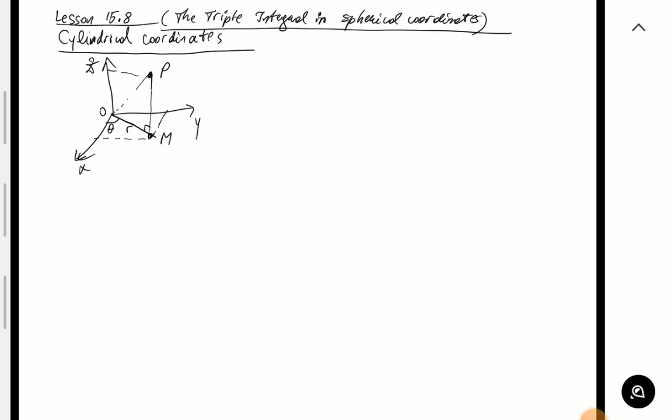So in this configuration, the x coordinate becomes r cosine of theta. So these are just the polar coordinates, in other words, for x and y. And z stays the same, okay?